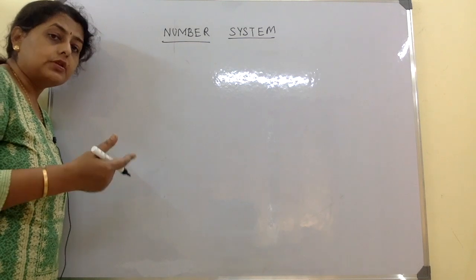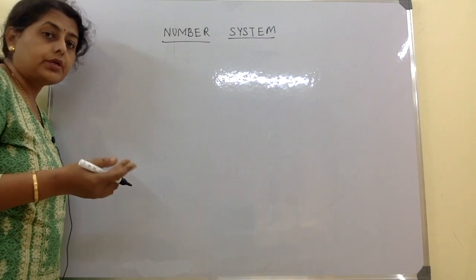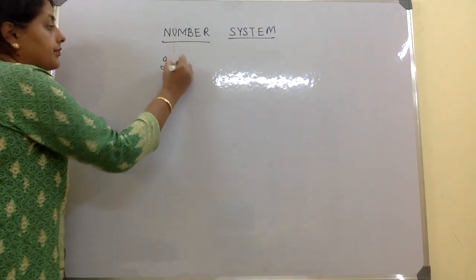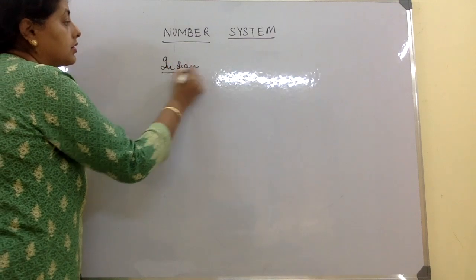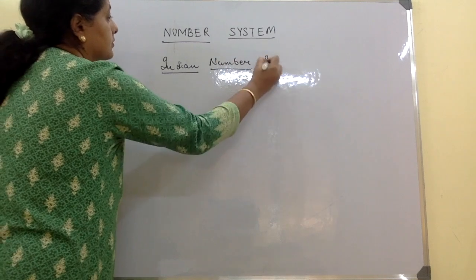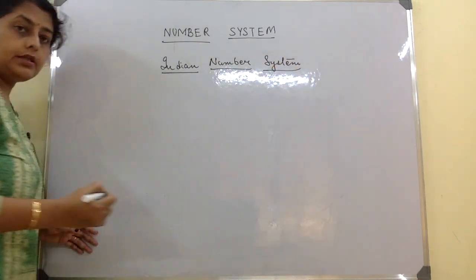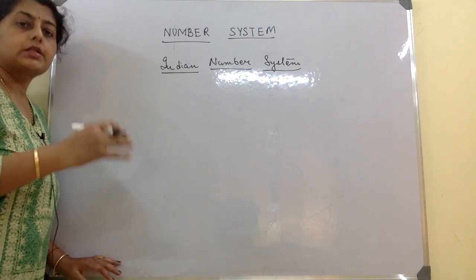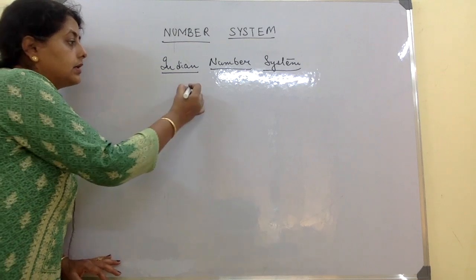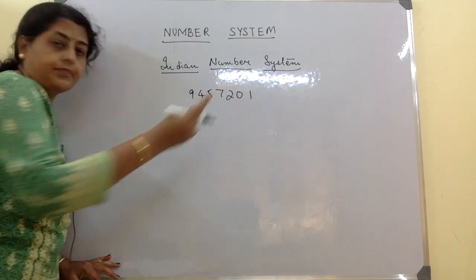Very first, I am going to take up the Indian number system, the number system in the Indian method. Now in the Indian system of numbering, supposing I give you a number like this, 9457201.